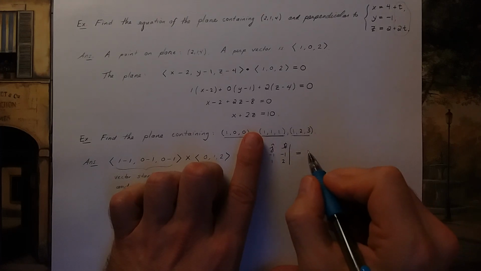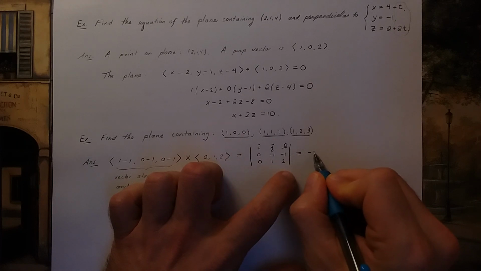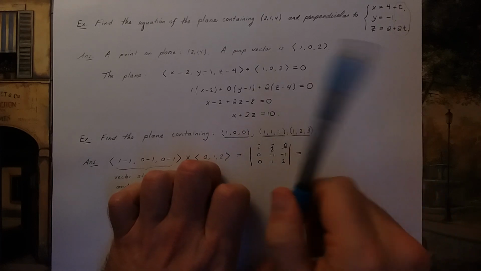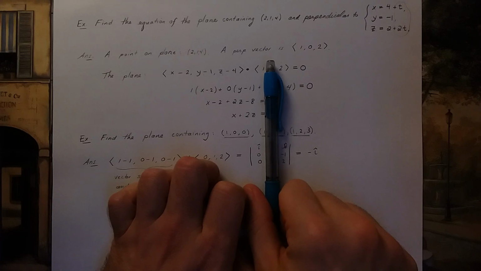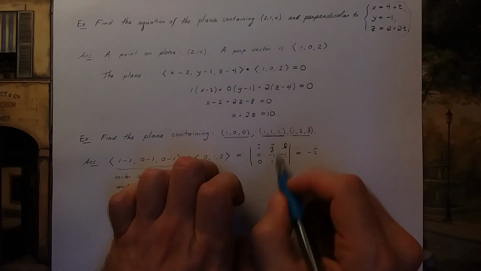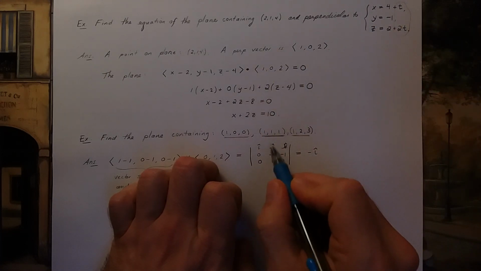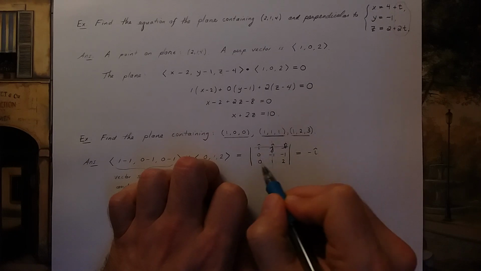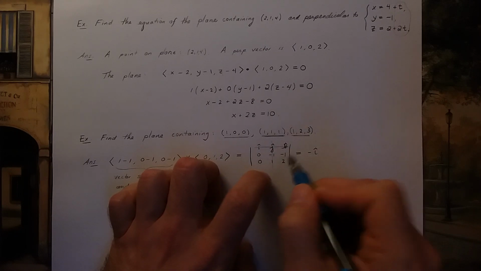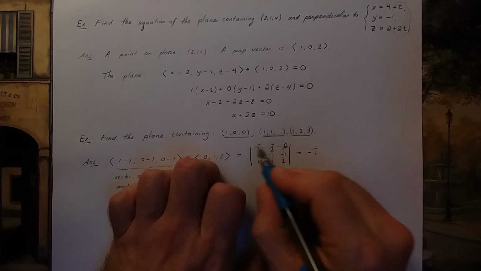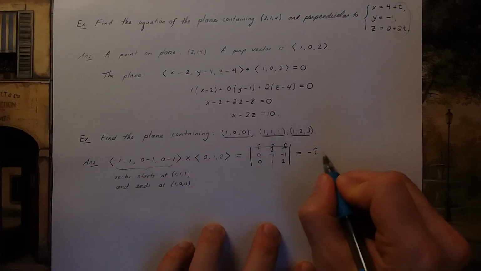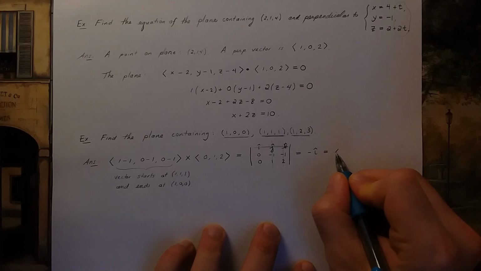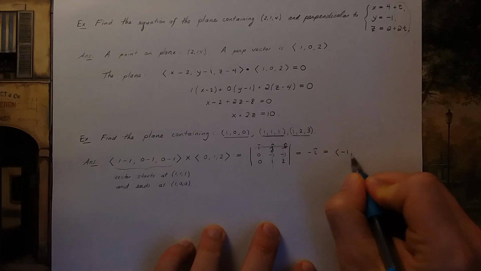I think the answer is -i hat. The coefficient in front of j, if I cross off the j row and column, the remaining 2 by 2 determinant has determinant 0. So I get 0j, and similarly 0k. So a perpendicular vector in this case is just the vector (-1, 0, 0).